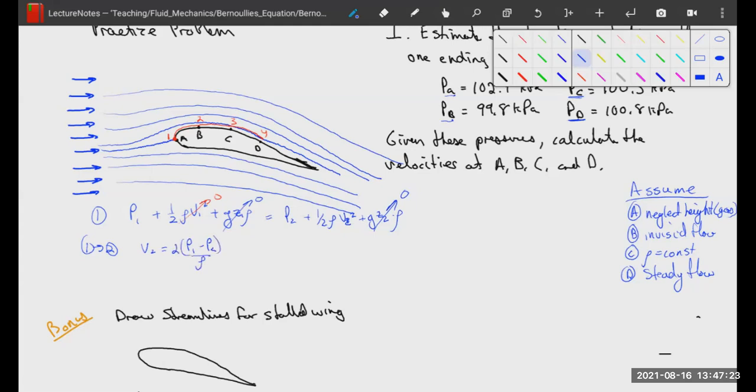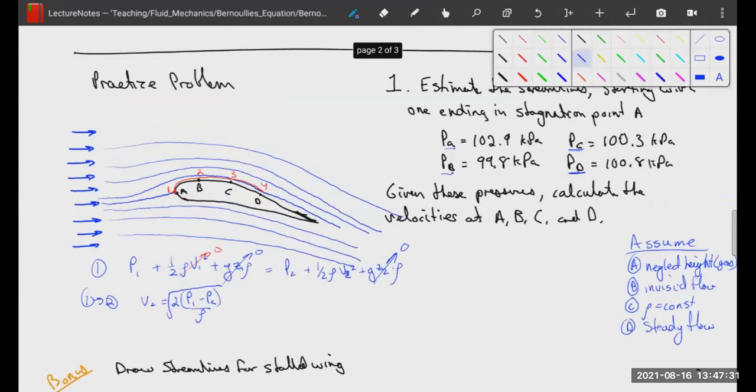Great, so now all we have to do is plug in P1 minus P2 divided by the density. It's air, so our density of air is going to be essentially 1.2 kilograms per meter cubed, rho air. And we got our velocity, right?